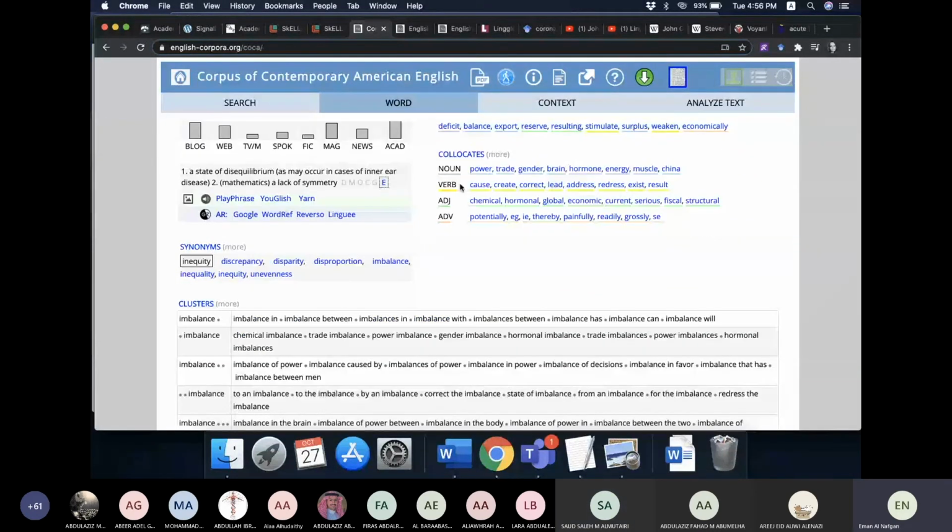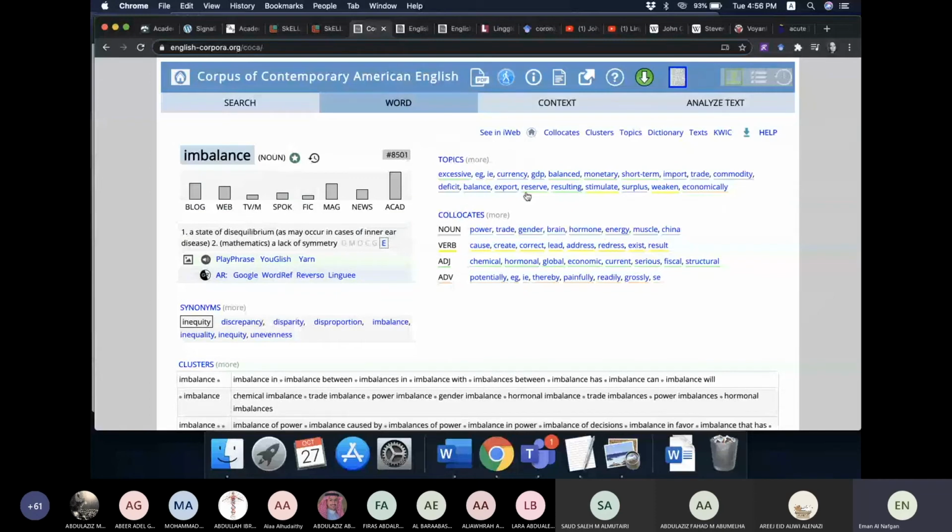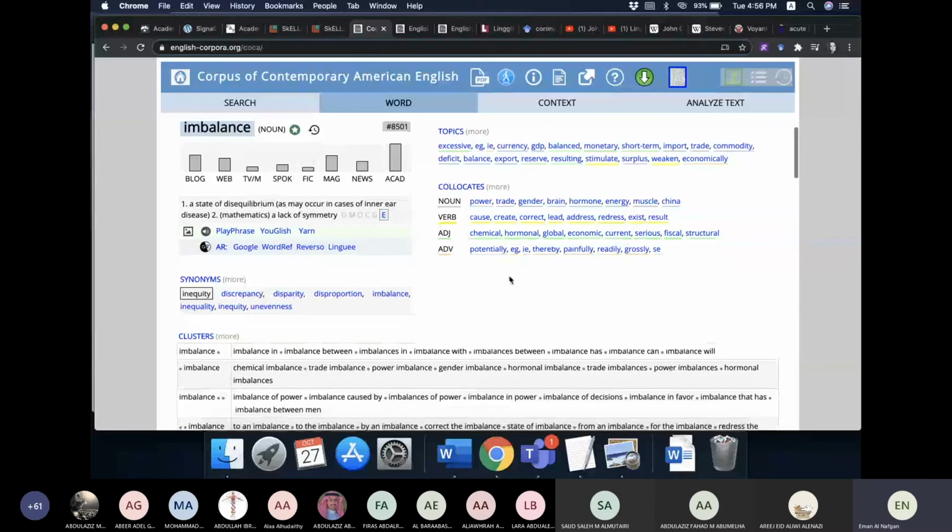A power imbalance, a trade imbalance, a gender imbalance. What verbs occur with it? You cause an imbalance or create an imbalance or you correct an imbalance. What are its adjectives? You can say chemical imbalance, hormonal imbalance. And these are the adverbs.